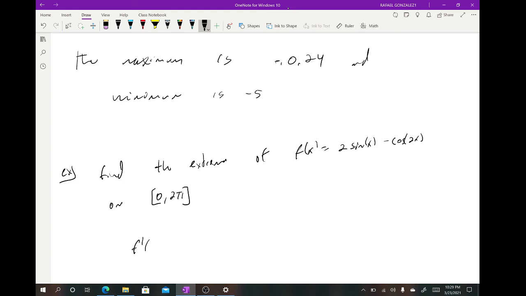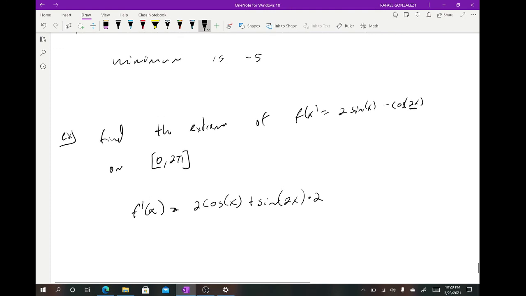And again, the first step is always to take the derivative. So here the derivative of 2 sine of x is 2 cosine of x. And the derivative of negative cosine of 2x is plus sine of 2x times 2 by the chain rule. Because remember, you have a 2x in here. So we have that this is equal to 2 cosine of x plus 2 times sine of 2x.